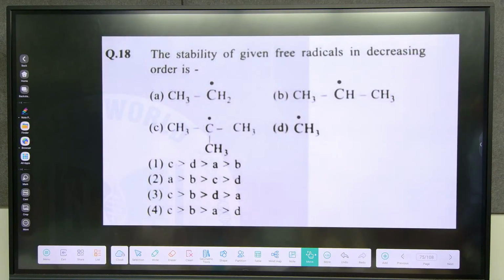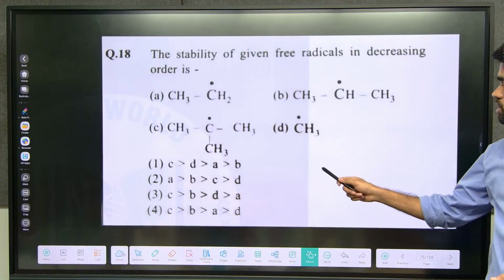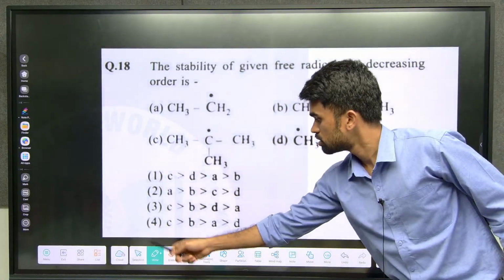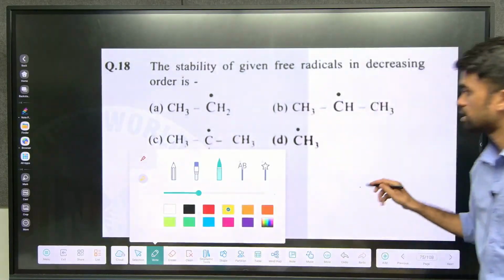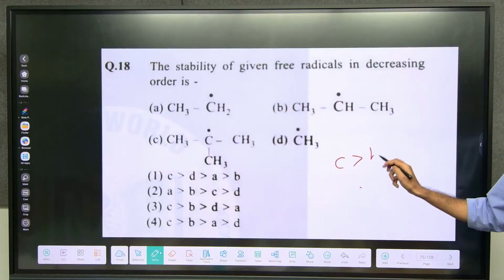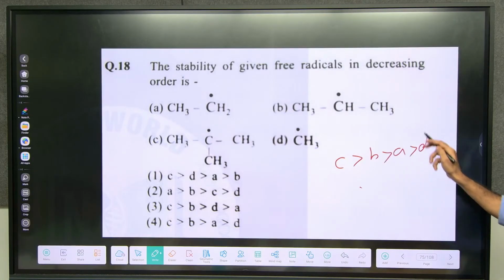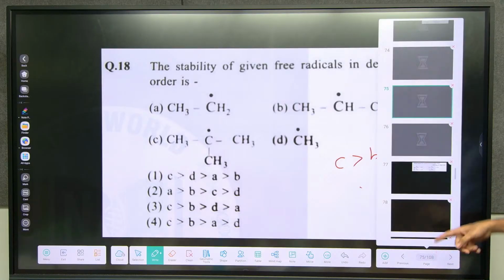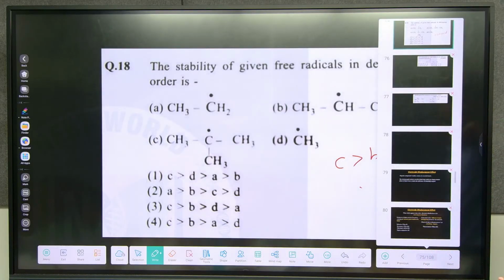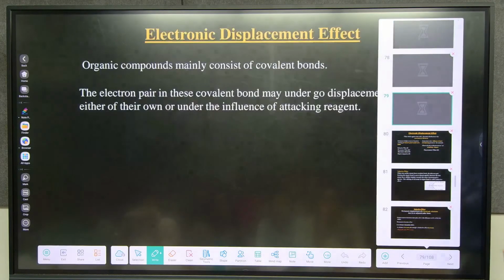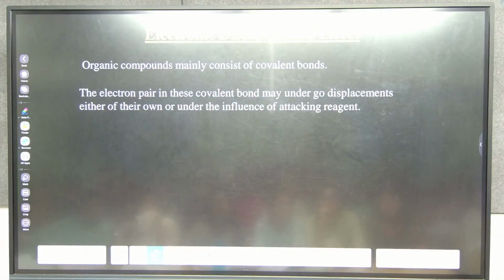Are free radicals electron deficient or rich? Deficient. So C, B, A, D. Which one? Fourth option. Okay. Next, we'll study the electron displacement effect, then we'll come back.